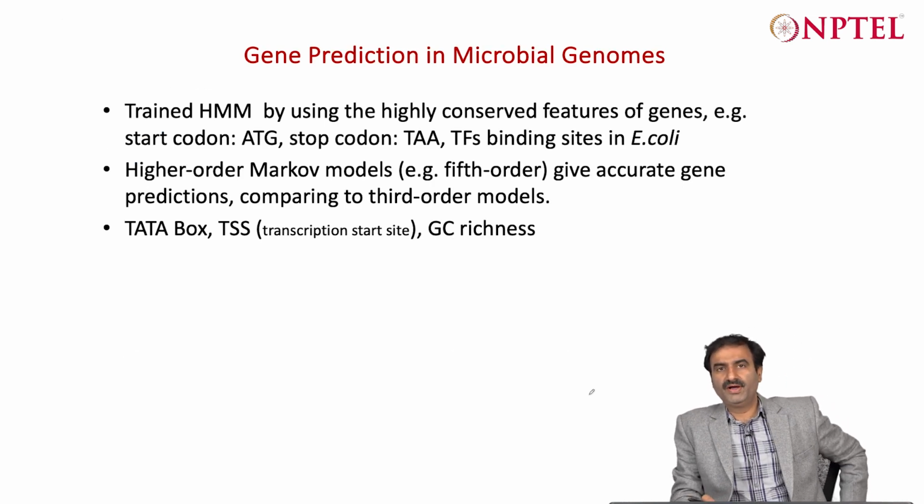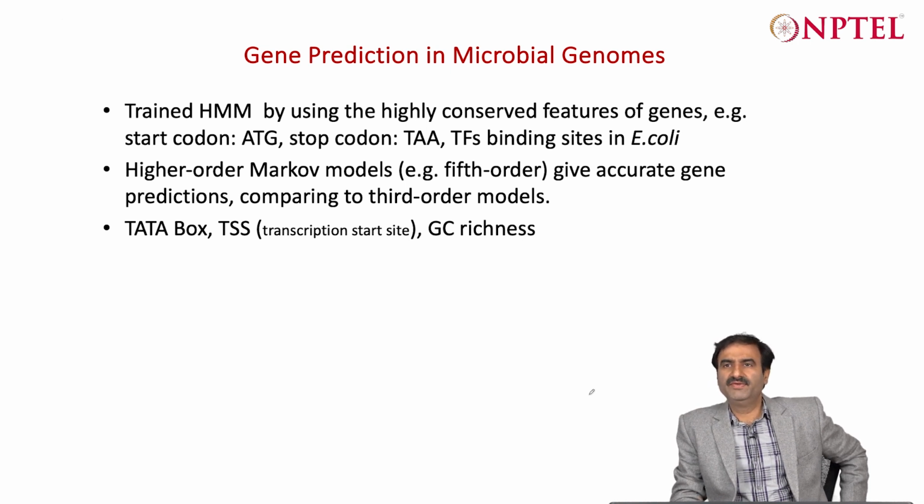Now, ORF finder you can use, but generally people use Glimmer or Prodigal or GeneMark, these kinds of software, because in addition to ORF finding, they also try to confirm that the ORF they are calling a gene is very reliable. Its start and end are well defined.